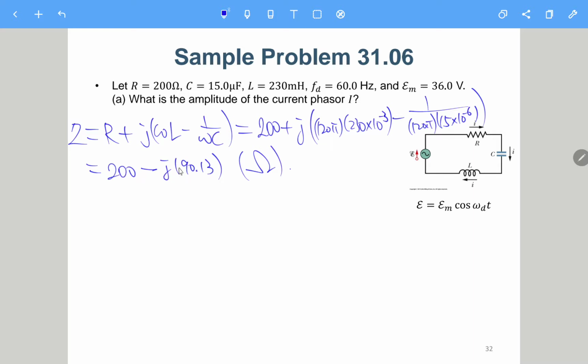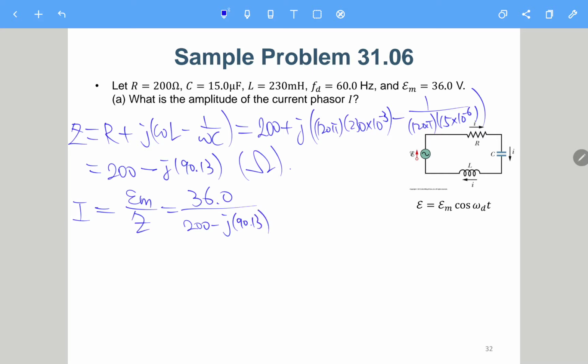Okay, so actually we just need to calculate this complex number, and then we can just calculate the phasor of the current to be Em over Z. This is Z. Okay, so Em is 36.0 over 200 minus J 90.13.